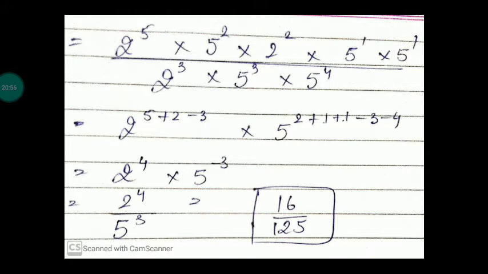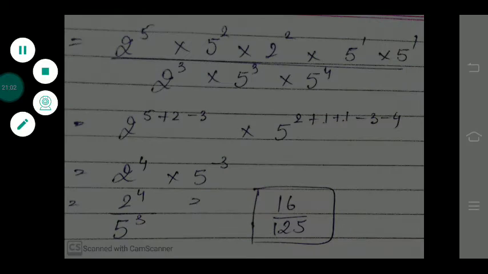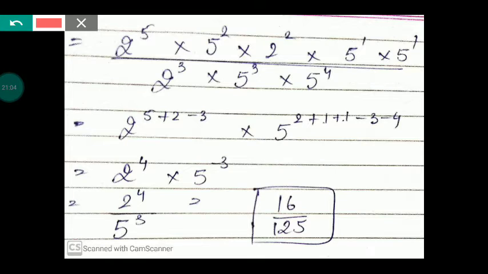So you get the equation in this form. Now all the numbers carrying the power with the base 2 are all added and subtracted. Which ones are added? The ones that are in the numerator are added, and 3 is subtracted, that you can see over here. Similarly with the base 5, 2 plus 1 plus 1 minus 3 minus 4.